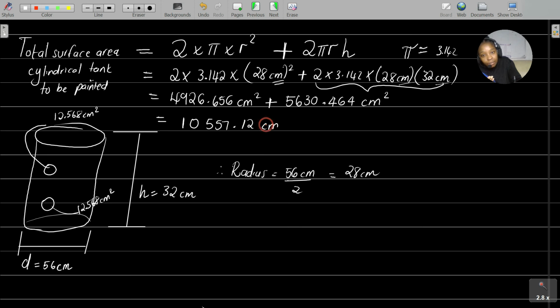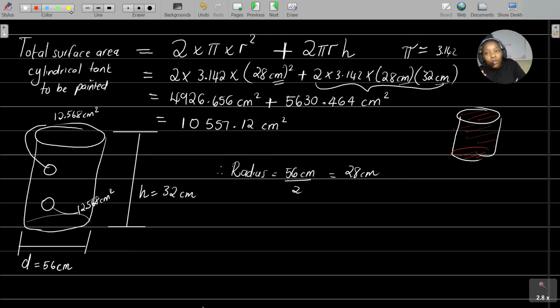557.12 centimeters squared. So we've just calculated the total surface area of the top, the bottom, and all the sides, as if the cylinder had no holes. But now remember, we want to find the surface area to receive 1 coat of paint.